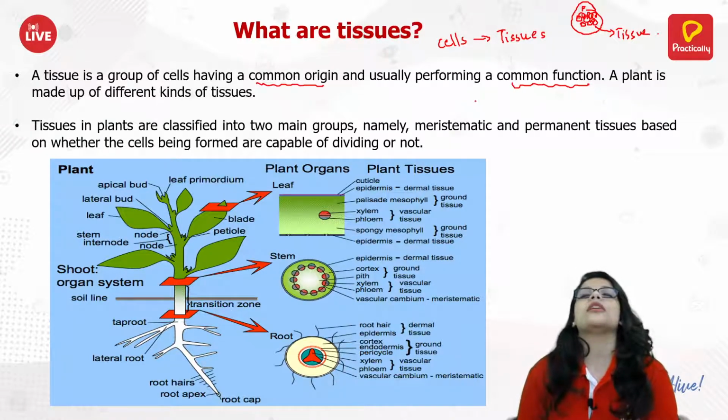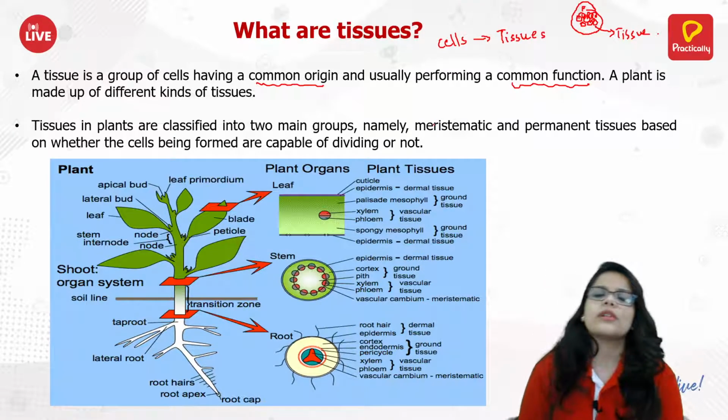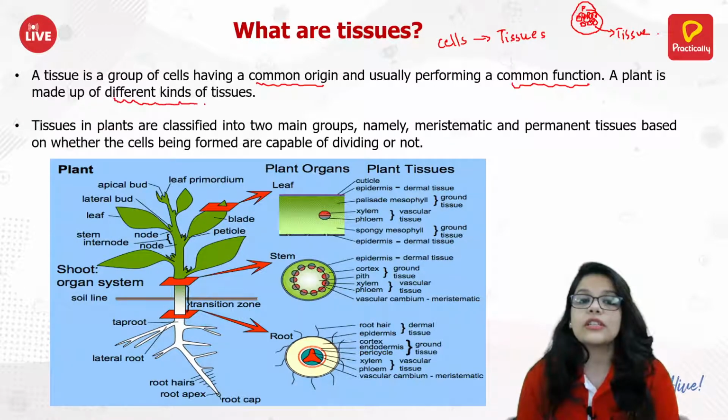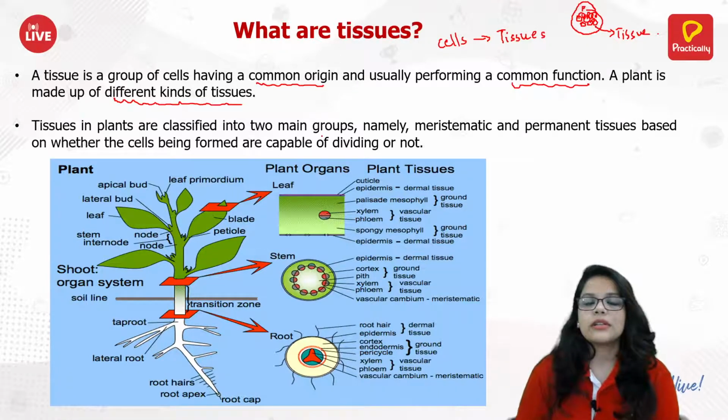And a plant is made up of a number of tissues. There are simple tissues, complex tissues, xylem, phloem, so many things. So plants are made up of different kinds of tissues. Tissues are mainly divided into two groups.